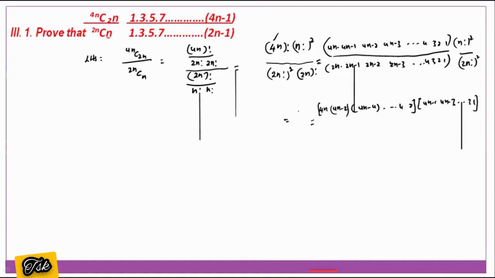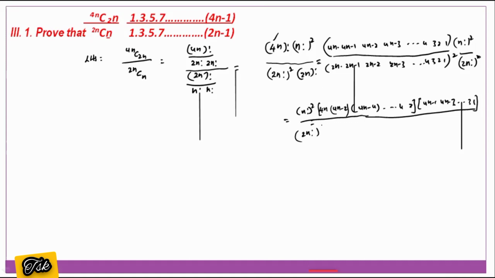The remaining I'll write here: (n factorial) whole square in the beginning, and then the denominator is (2n factorial) whole square, into (2n factorial) whole square here.